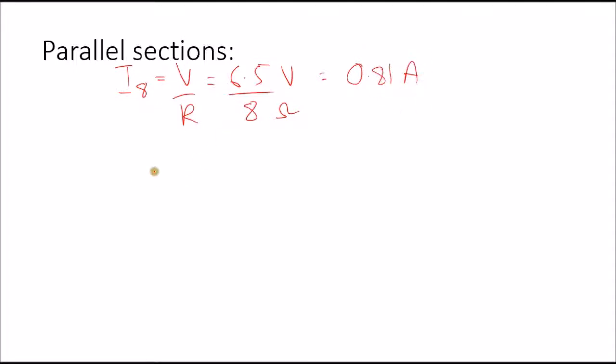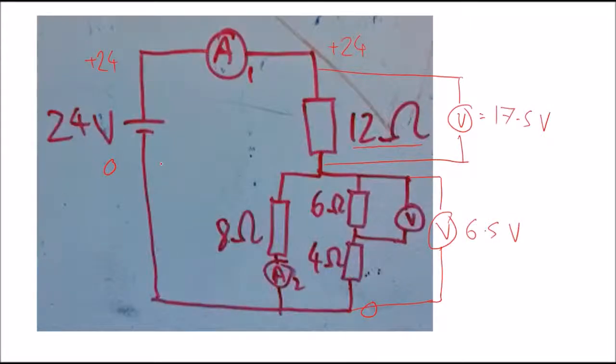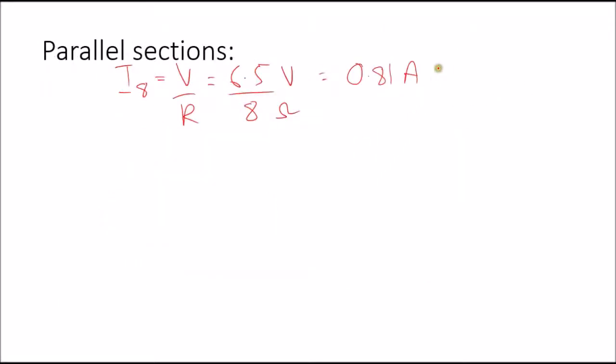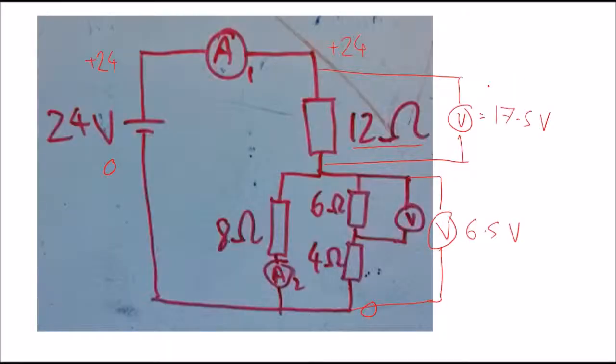Now the next thing I want to find is the voltage across the 6 ohm resistor. I can only find the voltage across the 6 ohm resistor if I know the current through the 6 ohm resistor. So two ways I could do this. I already know that there's 0.81 amps going through the 8 ohm resistor, so that in fact was my answer for I2. What that means is that the balance of that 1.46 amps is going to be flowing through the other side.